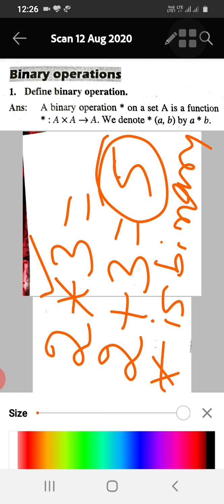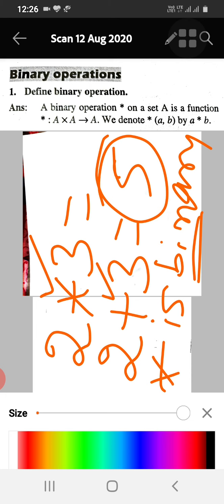In this case, star is addition. So we say that addition is binary on the set of natural numbers. This is one example. I have taken the natural number set and shown that addition is binary. I hope all of you are following.